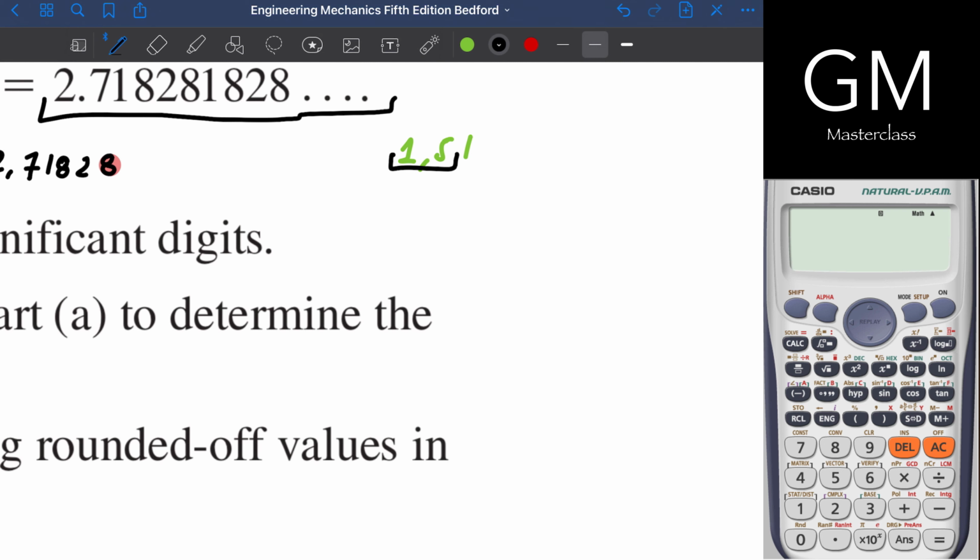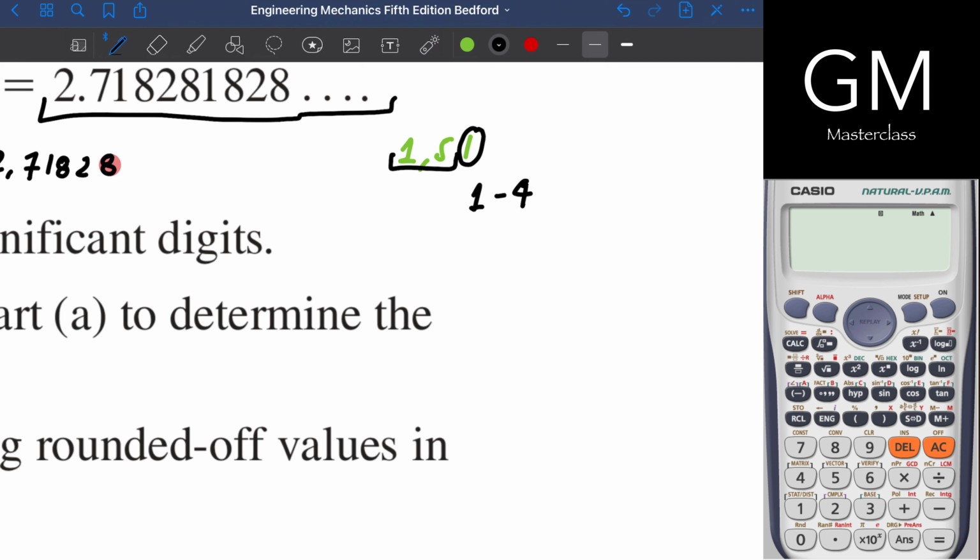So if the number that follows is between 1 to 4, we're going to keep this number because it is approximating to the same number.